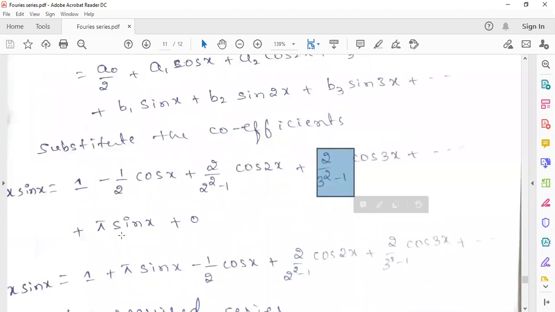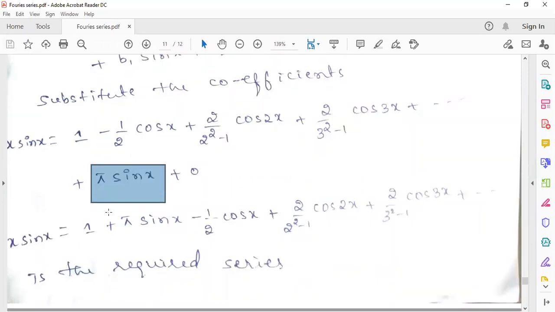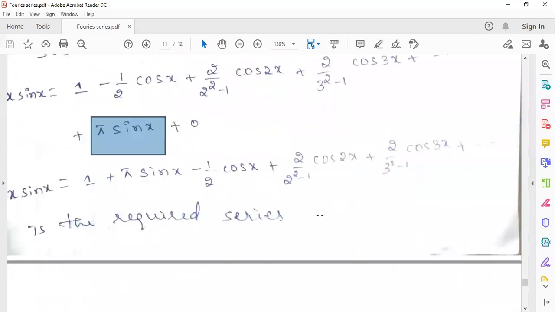B1 is the only non-zero value, that is pi sin x, and all remaining terms are 0. So it will become 1 plus pi sin x minus 1 by 2 cos x plus 2 by 2 square minus 1 cos 2x plus 2 by 3 square minus 1 cos 3x plus so on, which is the required Fourier series form of the given function x sin x.